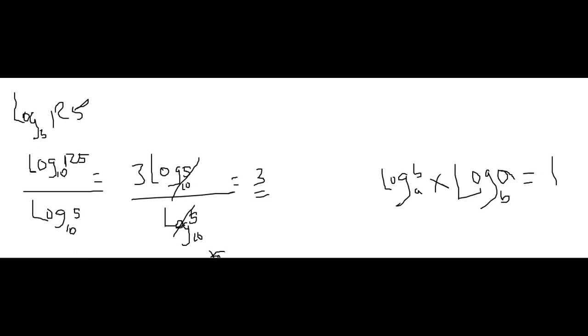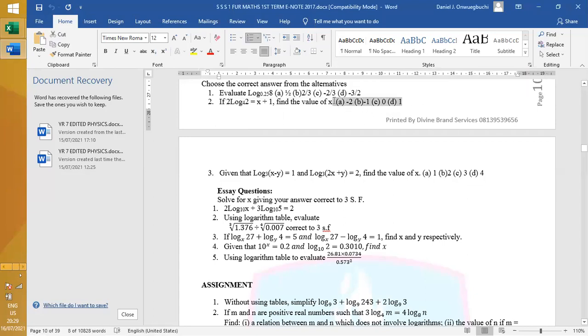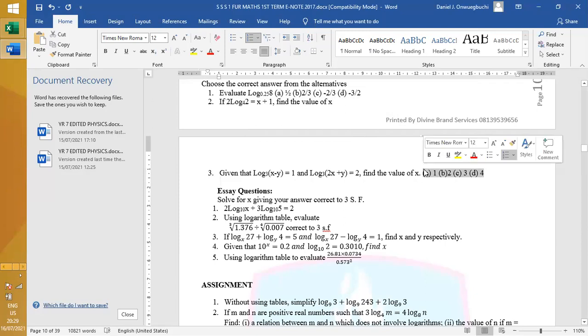And your assignments, I'm going to be sharing your assignments with you now. I believe you can see my screen. Your assignment is this. Doing away with the answers, with the objective, I need you to solve.